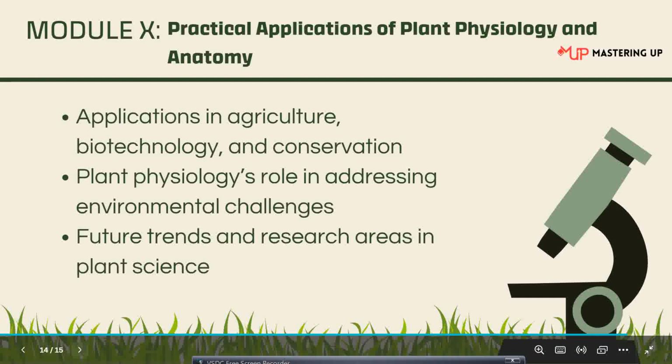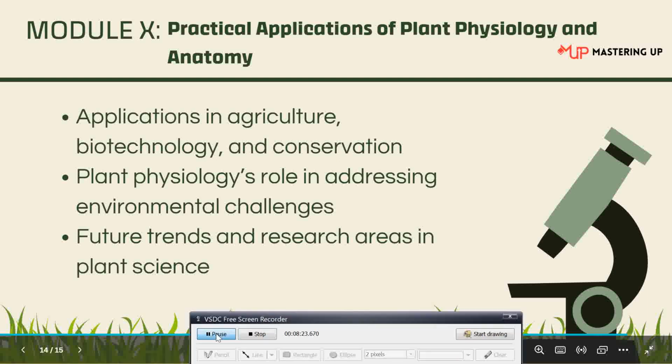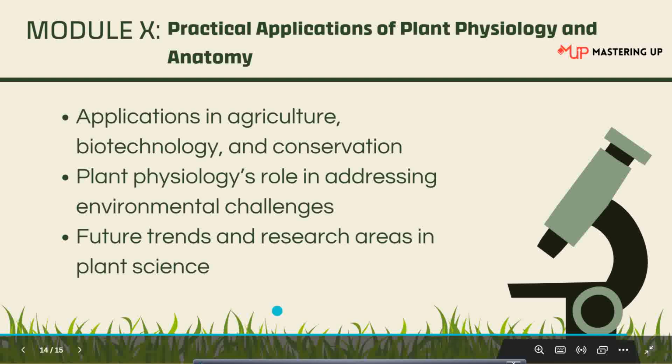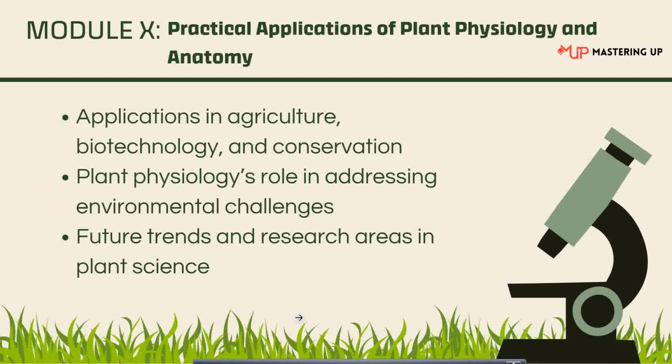Now module 10, it is the practical application of plant physiology and anatomy: applications in agriculture, biotechnology and conservation, plant physiology's role in addressing environmental challenges, and future trends and research areas in plant sciences. So this is the 10 modules that we will be discussing in this course.